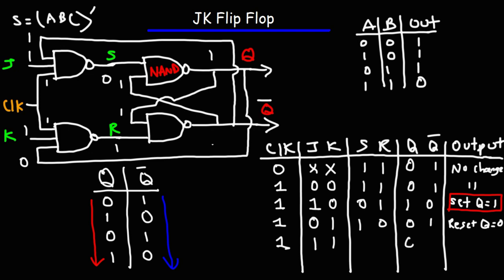So I'm just going to call this Q, and I'm going to call this Q bar. So they're constantly going to alternate. But to be more specific, when S is 0 and R is 1, we see that Q is 1 and Q bar is 0.